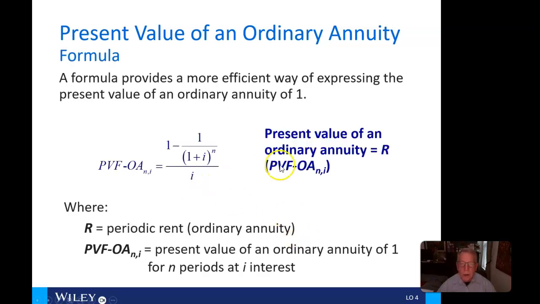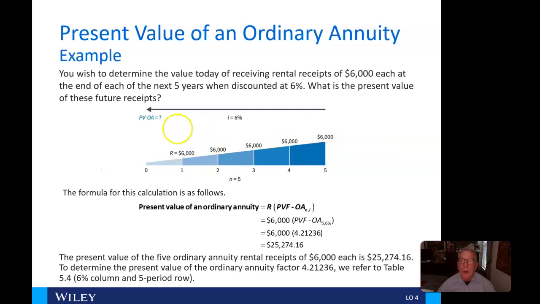Now, if you like this formula and it makes it easier for you to understand, great. The present value of an ordinary annuity. So if you wish to determine the value today of receiving rental receipts of $6,000 each at the end of each of the next 5 years, discounted at 6%, what is the present value of those future receipts? Well, that's an easy one.